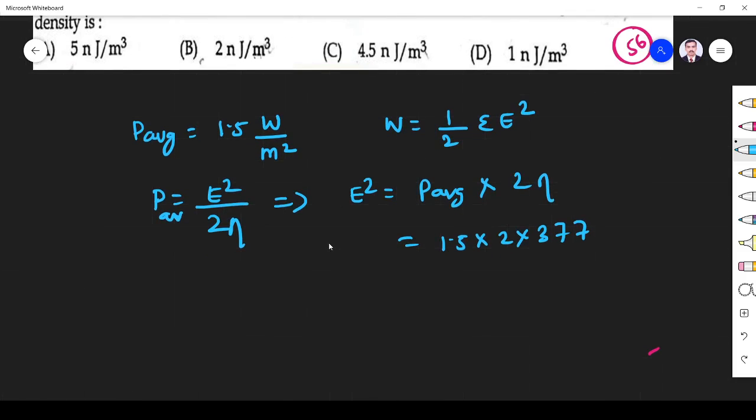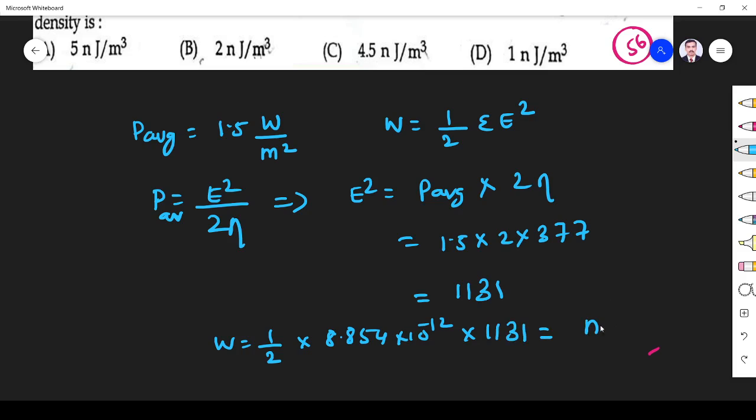It will give E squared is equal to 1131. So W is equal to 1 by 2 into epsilon, 8.854 into 10 power minus 12, into 1131. If you simplify, you will get 5 nanojoule per meter cube. So the answer is the right option.